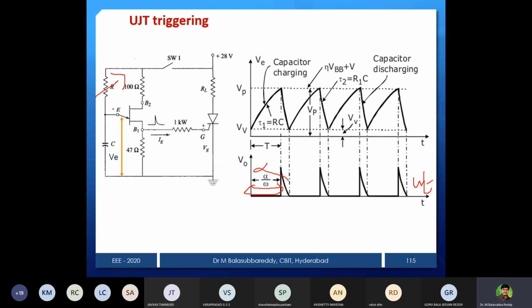If the time constant is reduced, then charging will again be at a faster rate, and discharging will be like this, then your pulse will be here. That's all. So this is your pulse. Only this much is your alpha. Like this, again we are charging.